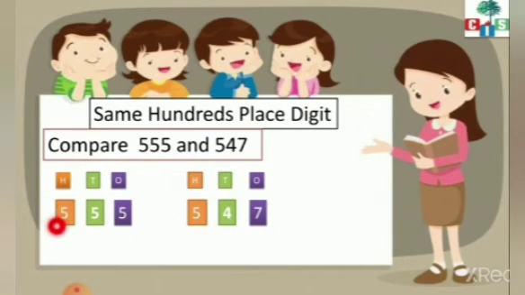In hundreds column this is 5, here also it is 5. Then we will go to the tens column. So here it is 5 and in tens column here it is 4. So which number is greater? 555 is greater than 547. Now let's move to the next slide.